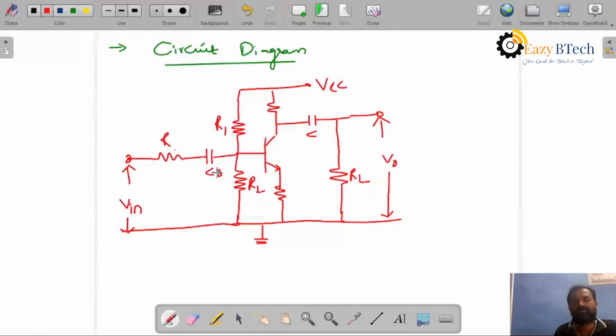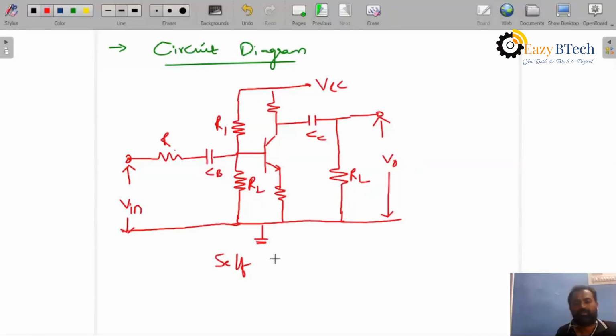Okay students, this is a self bias circuit using common emitter configuration. This is an NPN transistor.